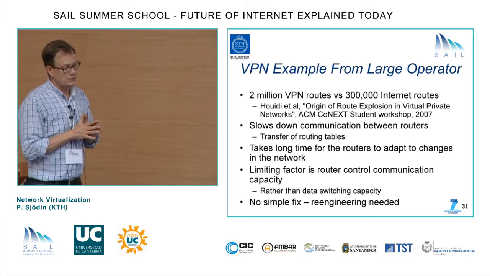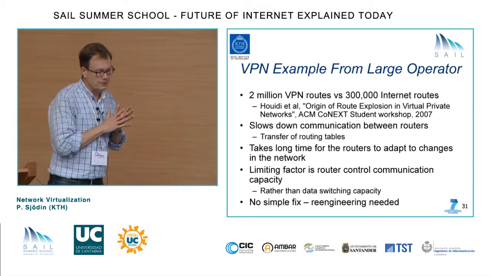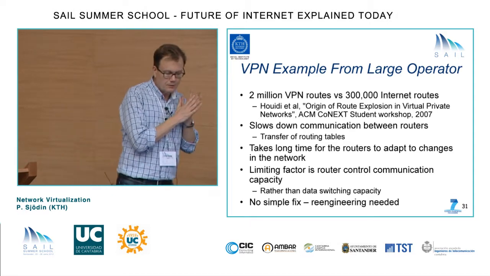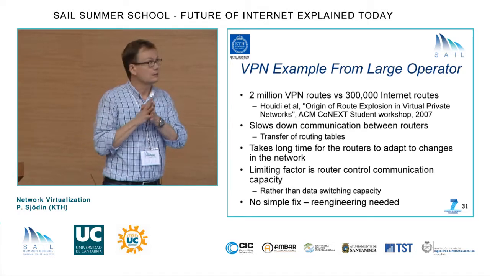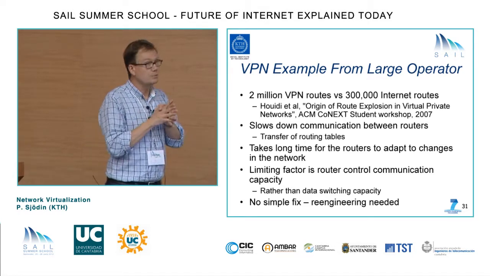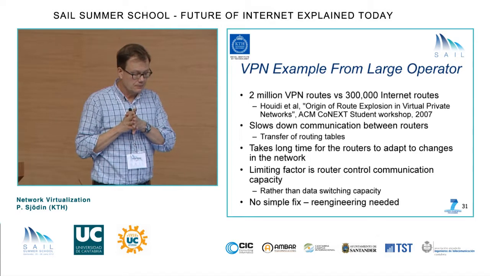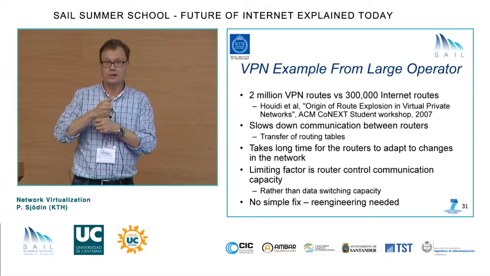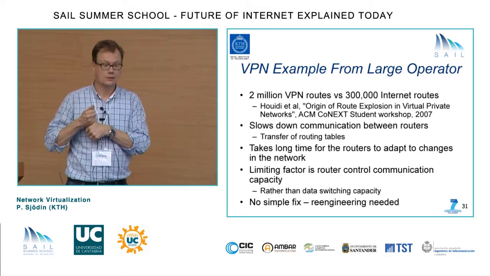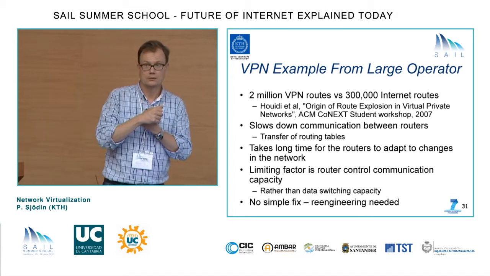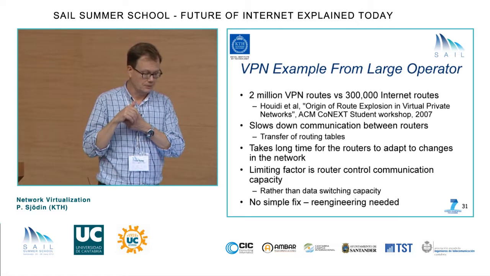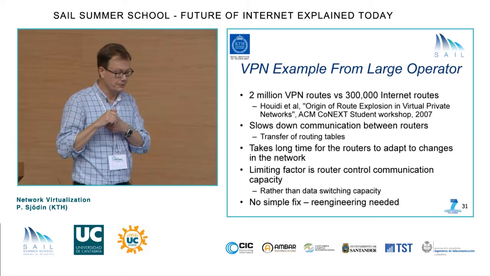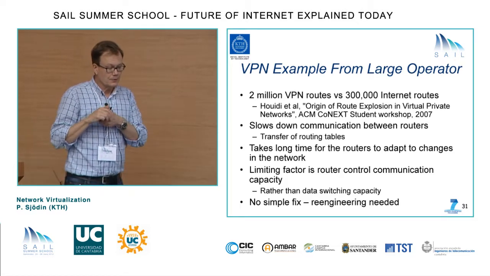So this is a real example from a large operator. There was a paper published about this a few years ago. Because what happens in the provider networks is that the VPN services are taking over compared to the regular internet connectivity services that the provider is offering.